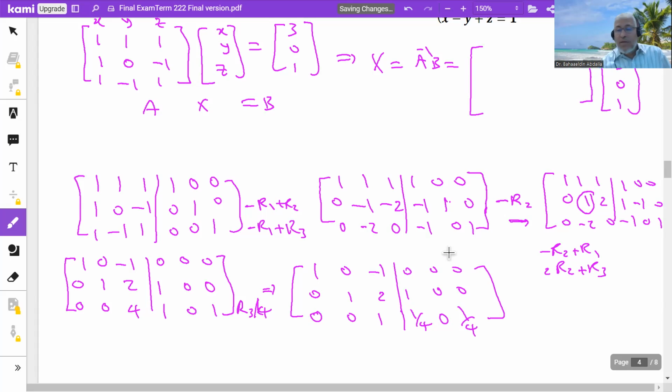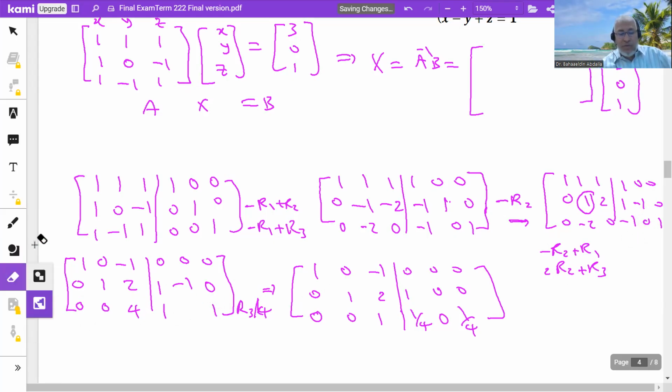And then negative R2 plus R1. So 1, this would be 1. This would be 1. And this is negative 1. And 2R2 plus R3, 2R2, negative 2, sorry, 2R2, 2 times R2, negative 2 plus 0, so this is negative 2.